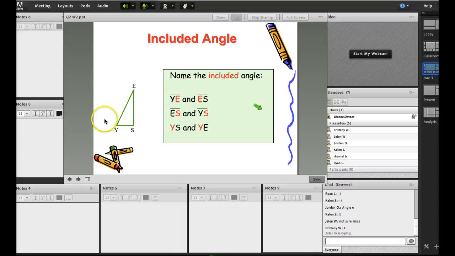Okay, guys, look at the sides. Here's YE, here's ES. So what angle is between those 2 lines? All right. What angle is between ES and YS? So ES and YS. What is the angle between them?